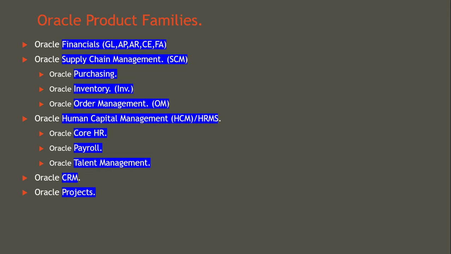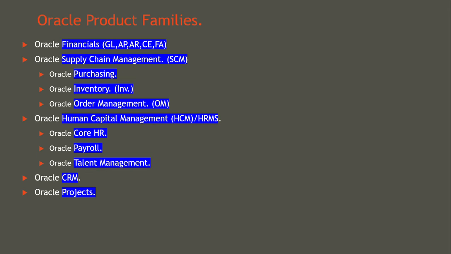Then on the same, we have Oracle supply chain management. We have Oracle purchasing, Oracle inventory, INV, Oracle order management, OM, Oracle human capital management, that is HCM or HRMS, human resource management system. We have Oracle core HR, Oracle payroll, Oracle talent management.